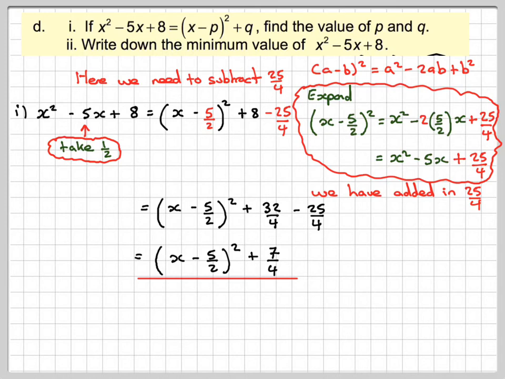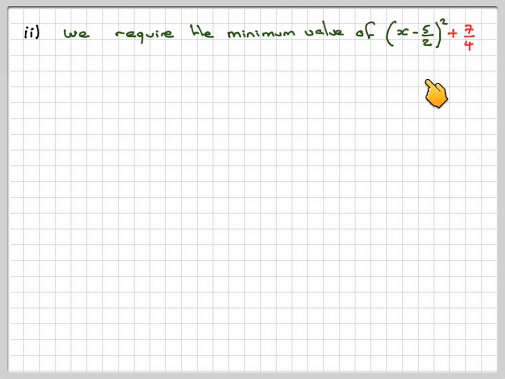Then it says, what is the minimum value of x squared minus 5x plus 8? Let's see what that means. We require the minimum value of this when we've completed the square, (x minus 5 over 2) squared plus 7 over 4. Now this bit here can never be negative, because if you square a negative number, it's always positive.